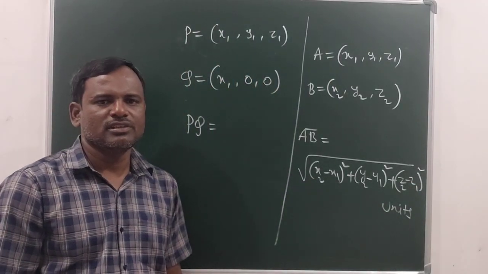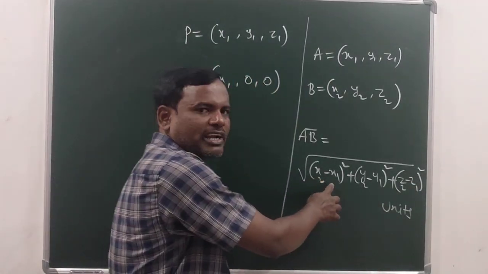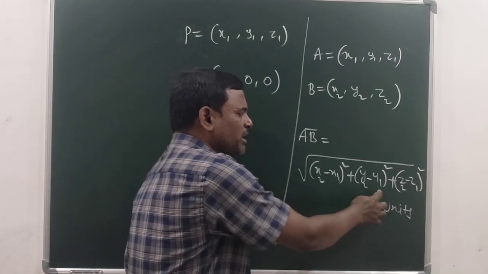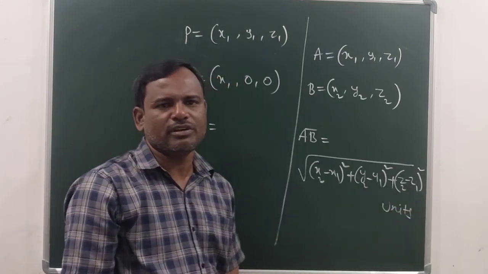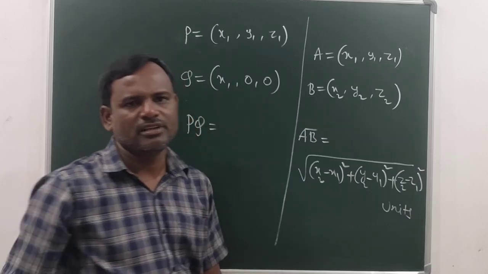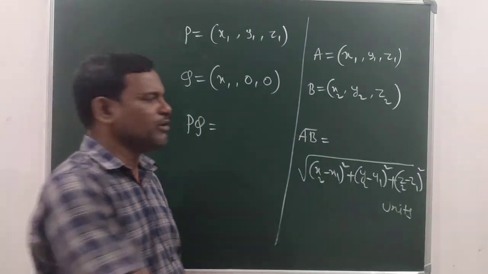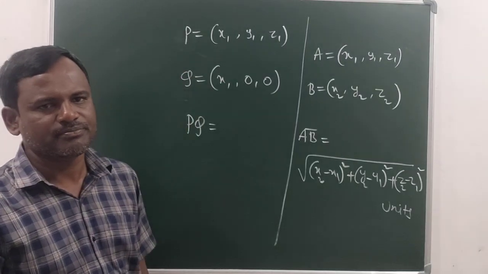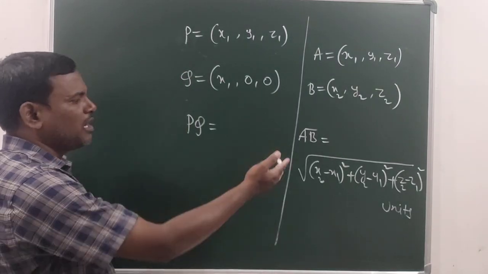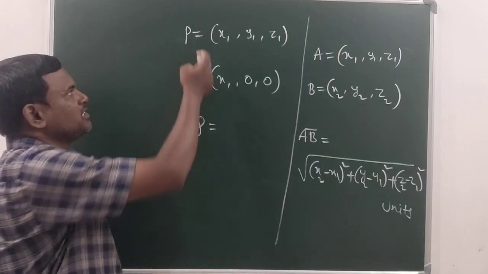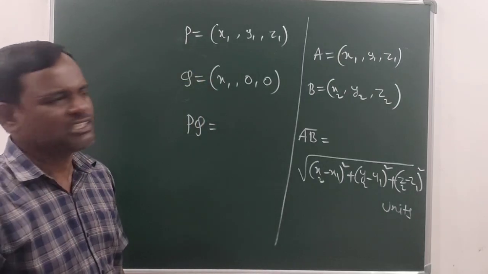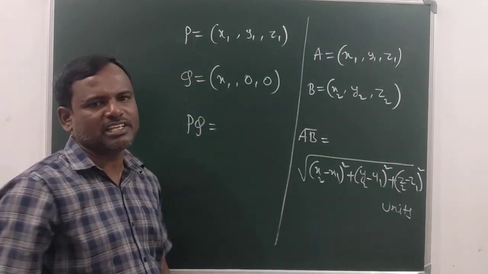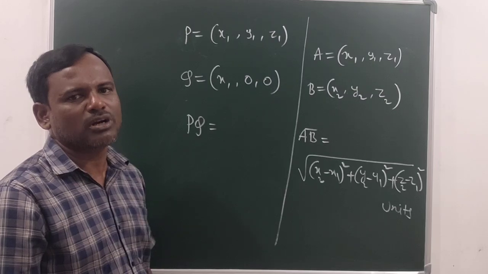Okay students. Otherwise you can write this as x1 minus x2, y1 minus y2, z1 minus z2 whole square. No difference will come in the result. Difference of x coordinates whole square, difference of y coordinates whole square, difference of z coordinates whole square. So apply the same formula here. This is the point which is given in the space and whose projection on the x-axis is x1 comma 0 comma 0.